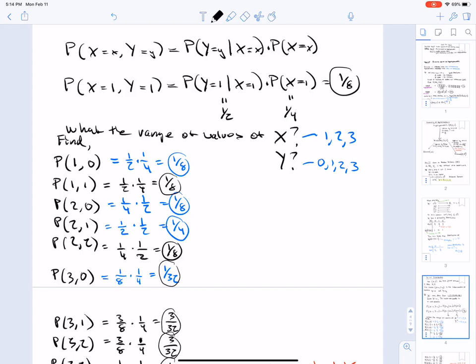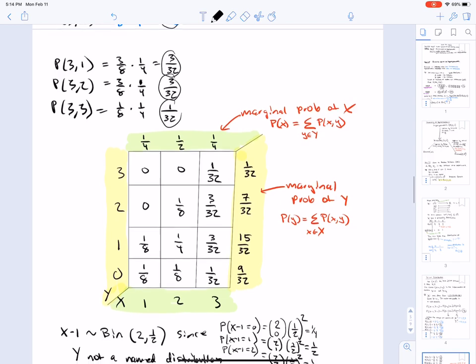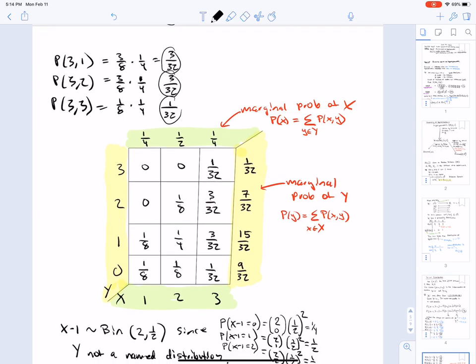So 2, 1 means that I've chosen a 2 from the box, so I am rolling the die twice and I get a 1 heads. So the probability of rolling the die twice and having 1 heads is 1/2, and the probability of getting a 1 from this box is also 1/2, so I get 1/4. Okay, and you can check all the other ones, and we can fill out this joint distribution table.